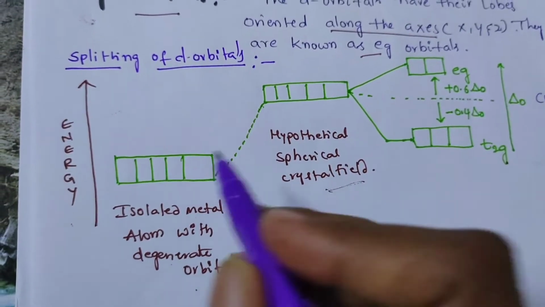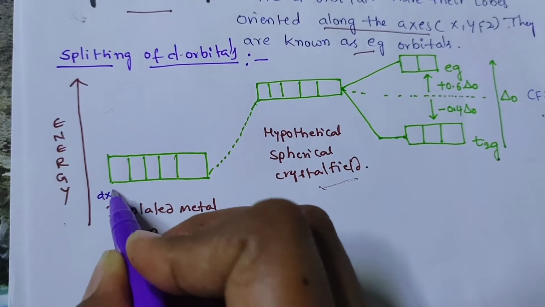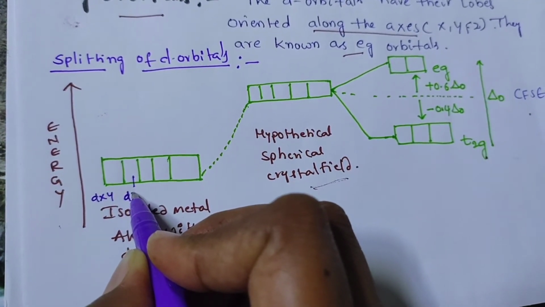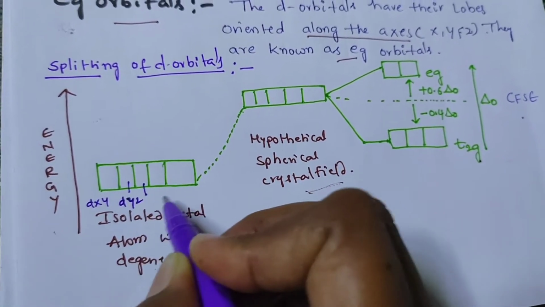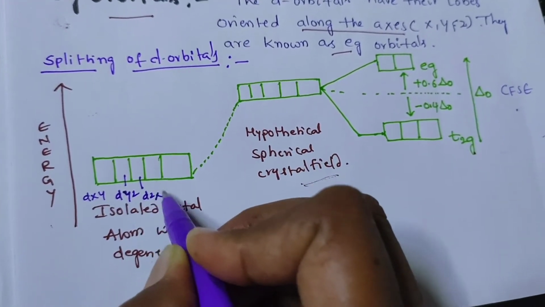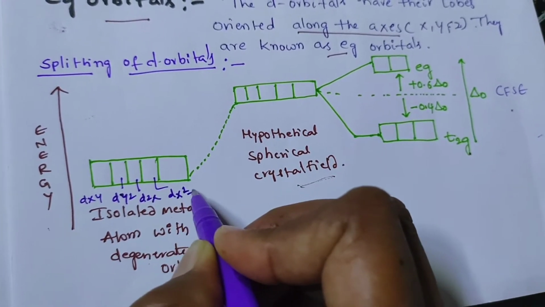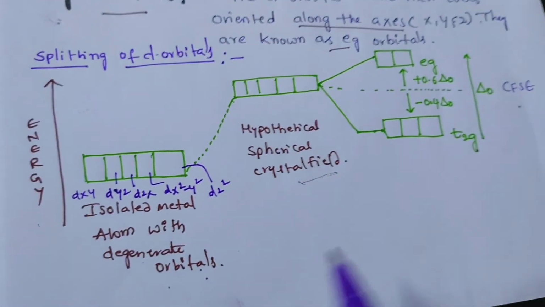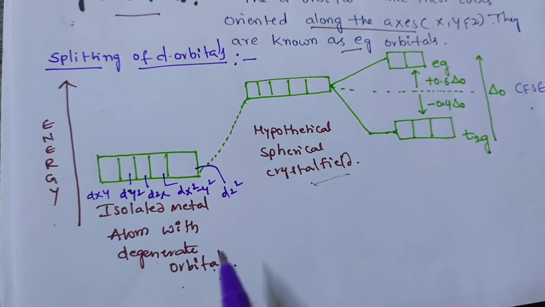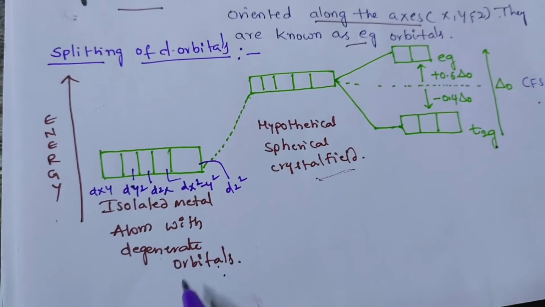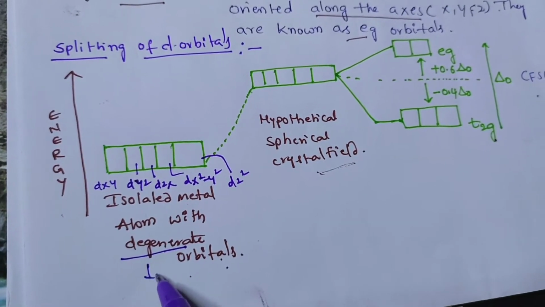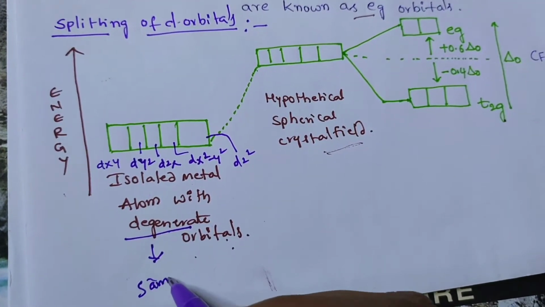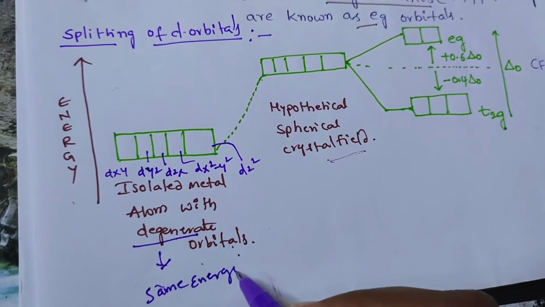Degenerate orbitals means dxy, dyz, dxz, dx square minus y square and dz square. Why do we call them degenerate orbitals? Because they have the same energy.